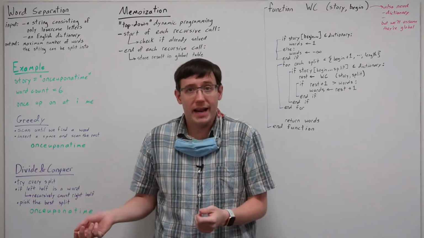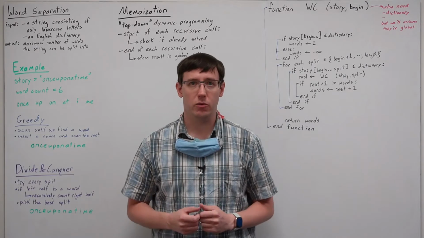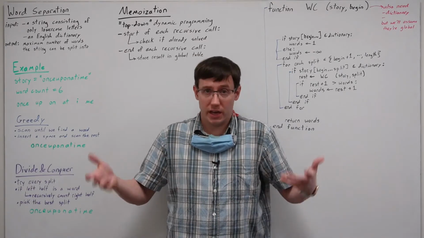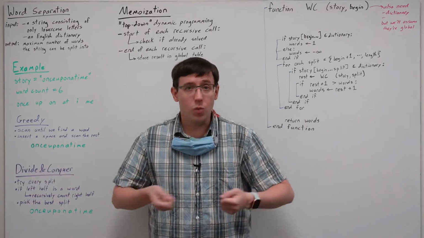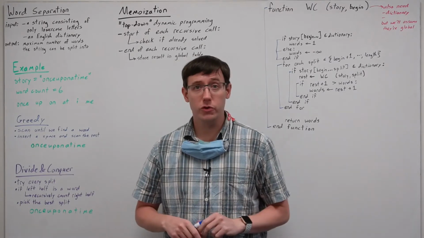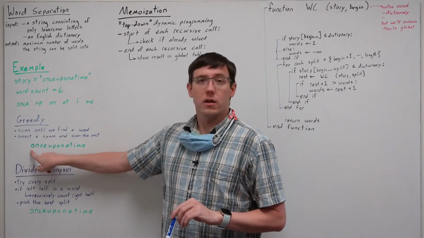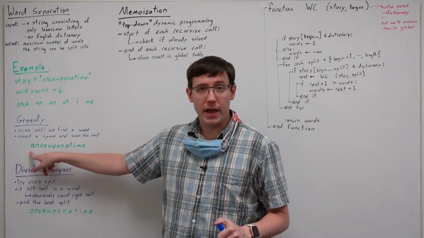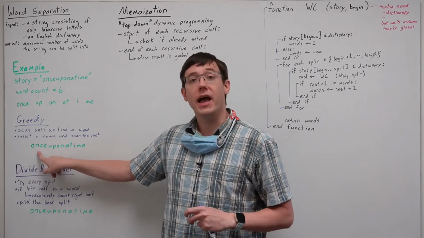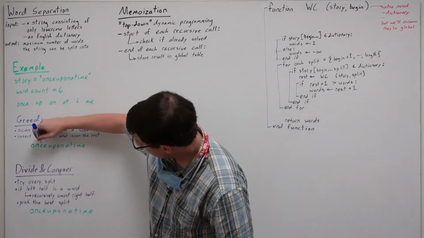A first idea we might have for solving this word separation problem would be to try a greedy algorithm. And the obvious greedy algorithm here is to scan the text in order and put in word separations wherever we find a completed word. If we were to run this algorithm on our example story, we would look at the first character, determine that O is not a word, and proceed to the second character, at which point we would recognize that "on" is a valid word.